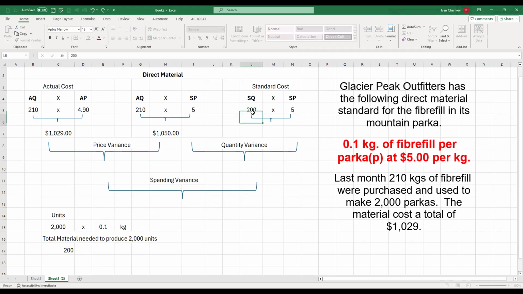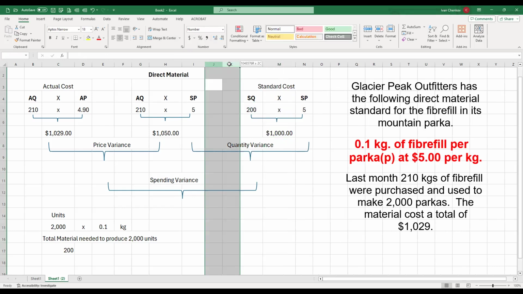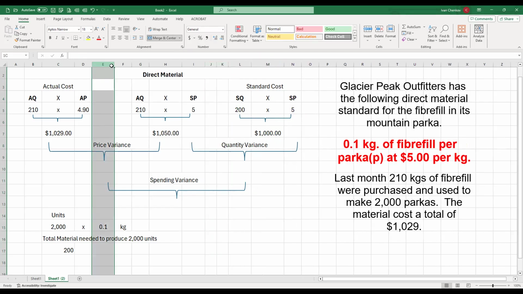So the 200 kilograms is the one that I'm missing. At this point, can I calculate my standard cost? Yes, it'd be 200 times 5, that's going to be 1000. Let's make it in dollar amount to be more interesting. And now I have everything, correct? At this point, I have everything that I need.